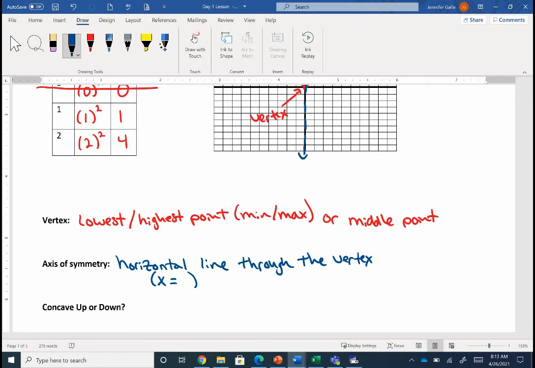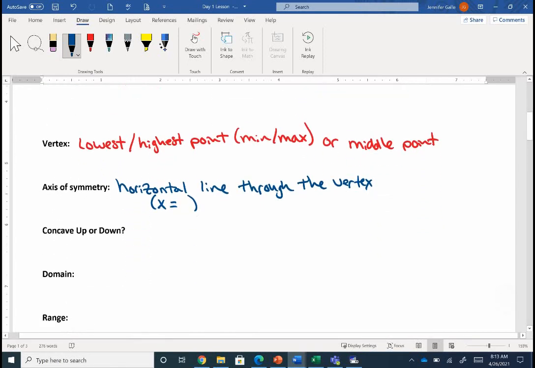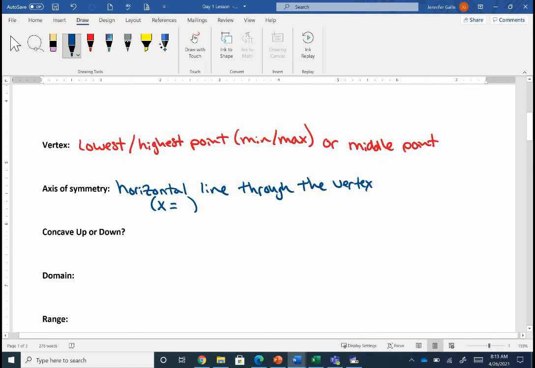Those two features are going to be pretty important for us as we graph, especially that vertex point, super important. The axis of symmetry is going to make our graphing a little easier and quicker as well. Now, the concave up or down piece is just how our graph opens. Concave up, the graph opens up and it looks like a U shape.